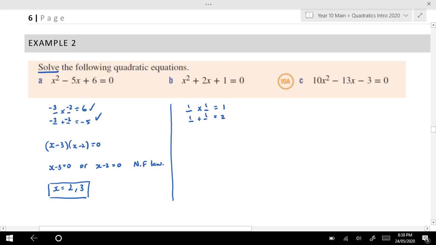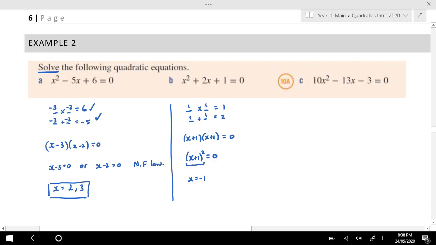So therefore I've got x plus 1, x plus 1 is equal to 0. As you can see, I've got a repeated factor there. So that's the same as x plus 1 squared is equal to 0. So how does this expression equal 0? Well, it only equals 0 when x is equal to negative 1.